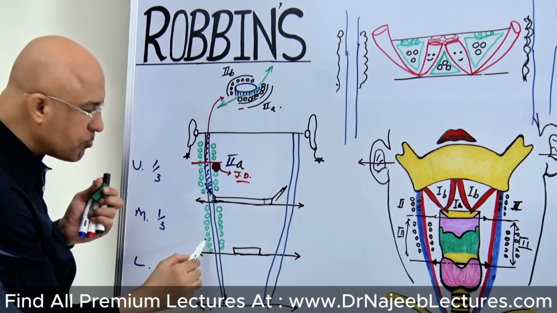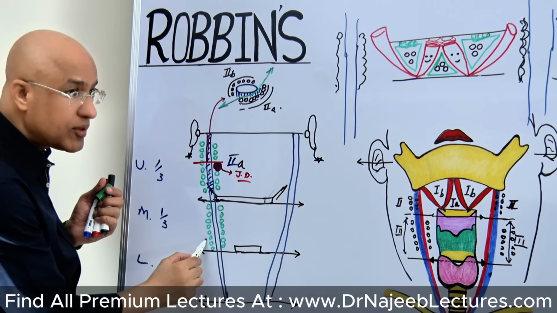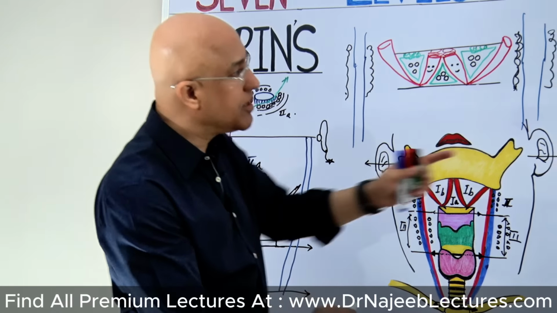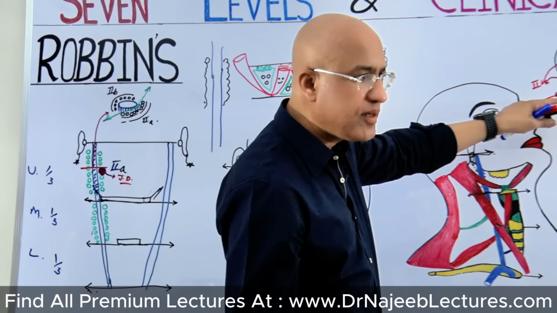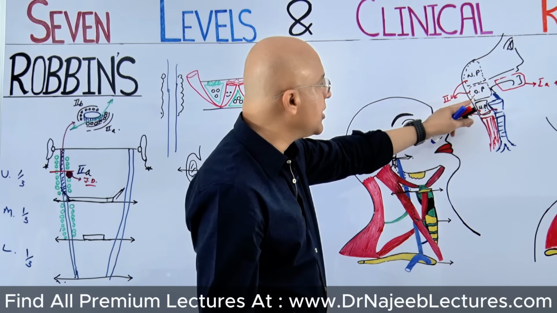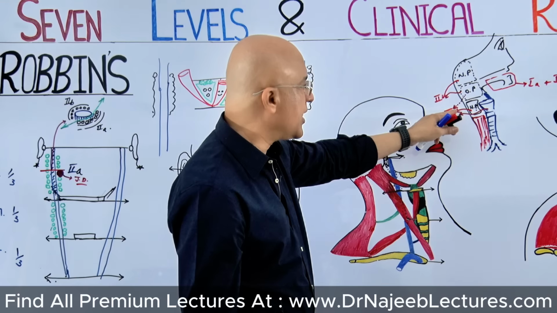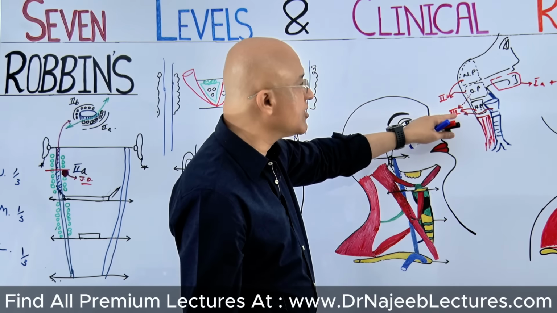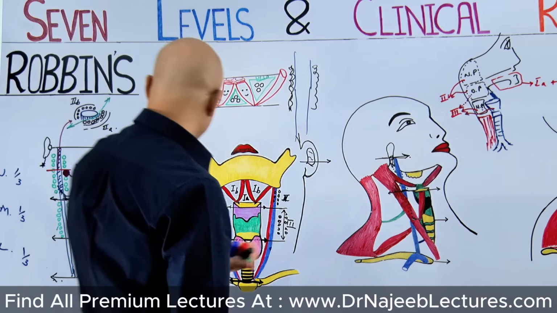These are mainly draining which areas? Hypopharynx and larynx, right? And some lymph nodes from the oropharynx. So infections and, more importantly, cancers can come here, right?